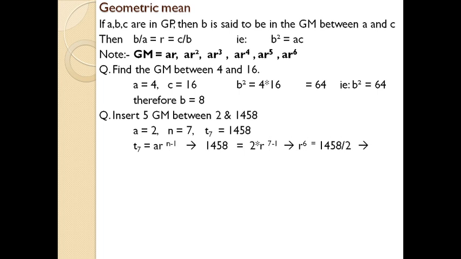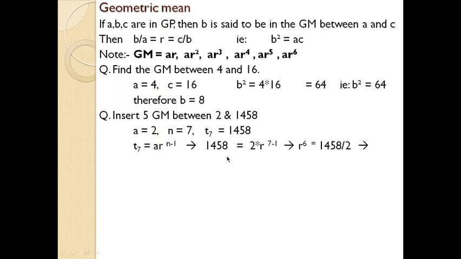So substituting into T7 equal to AR raised to n minus 1, the geometric progression equation, 1458 equal to 2 into R raised to 7 minus 1, thereby R raised to 6 equal to 1458 divided by 2. That means we have shifted this 2 to the other side of the equal sign.